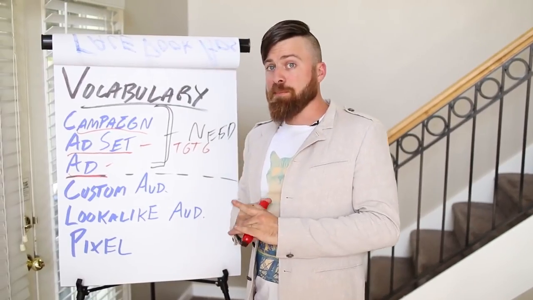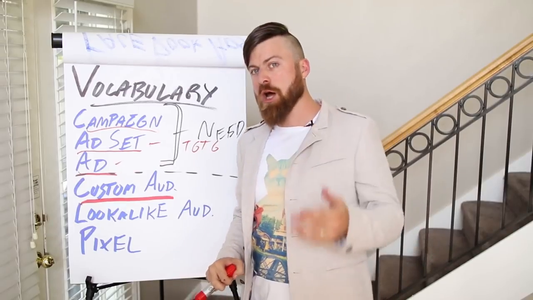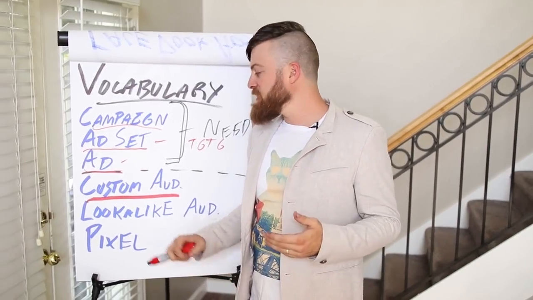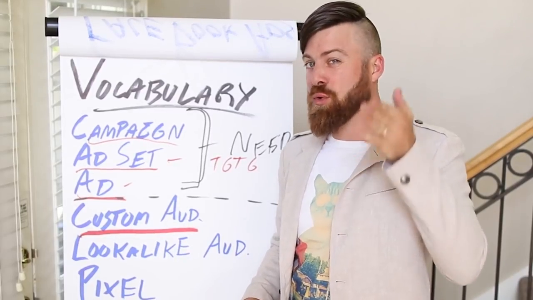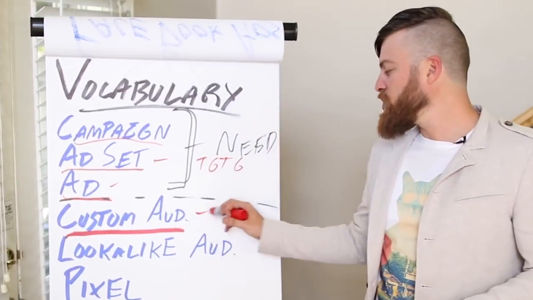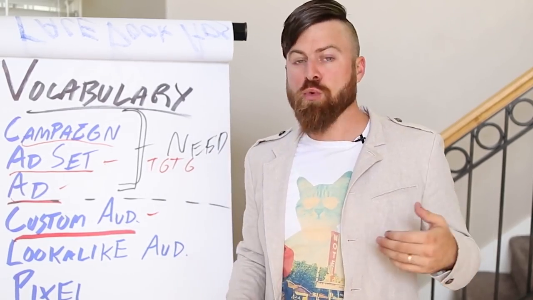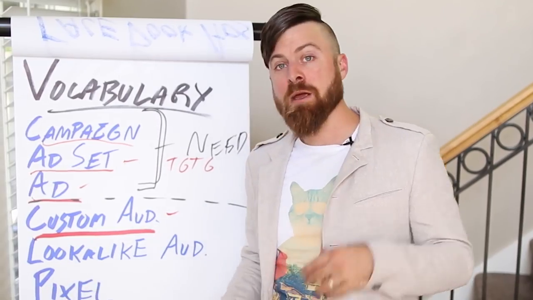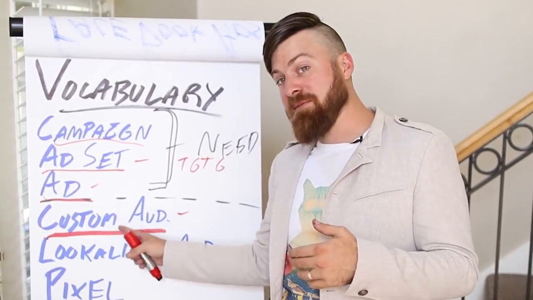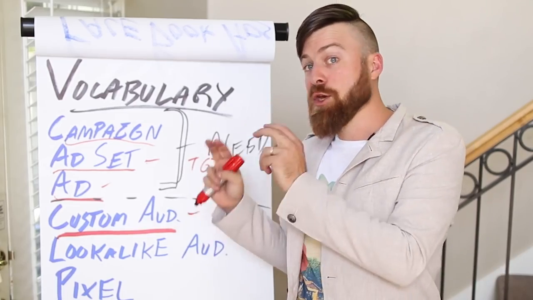The first useful piece of vocabulary to know is custom audience. Now, a custom audience, what that means is it's an audience that is really custom to you and your business. Now, what you can do is if you have a website that people are already visiting, you can put Facebook's pixel, which we'll explain in a second, but basically you can have Facebook send ads to the people who are already visiting your business.